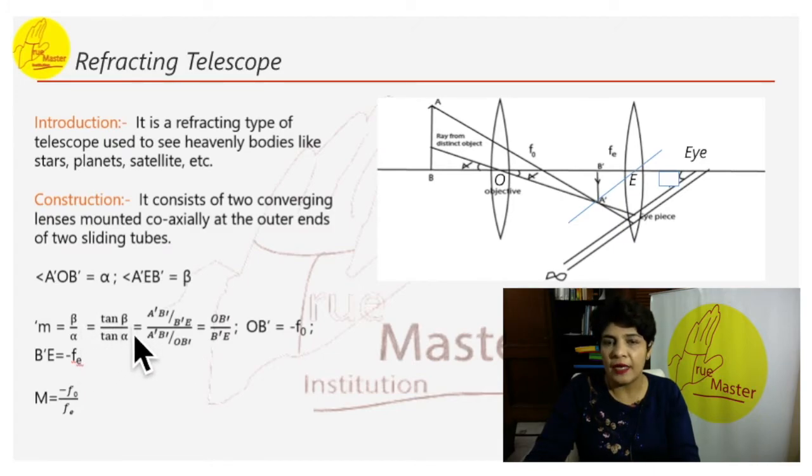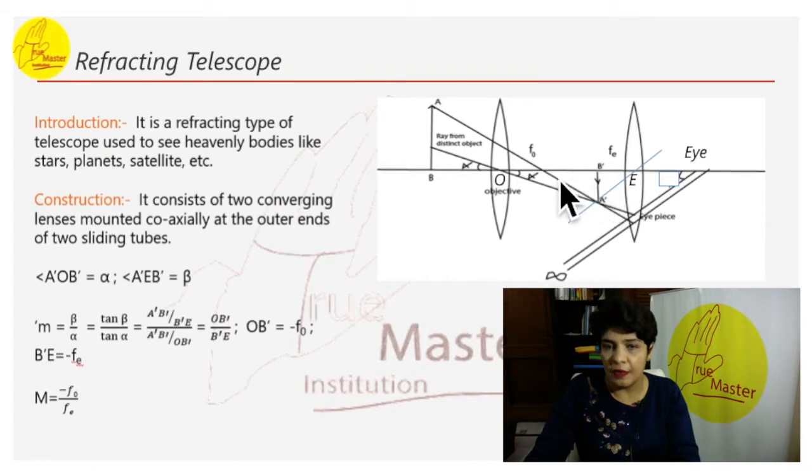In this triangle where we have taken out the beta, the perpendicular is A dash B dash divided by the base B dash E. Similarly, for tan alpha, in this triangle we have the perpendicular again A dash B dash, and the base is O B dash.